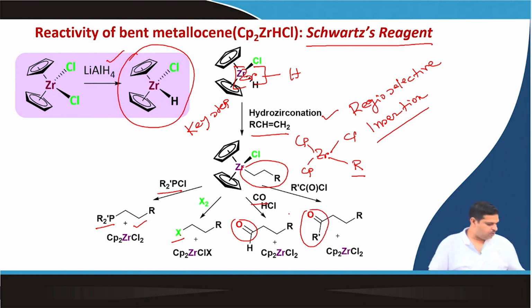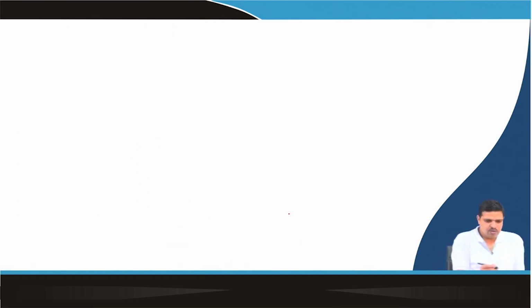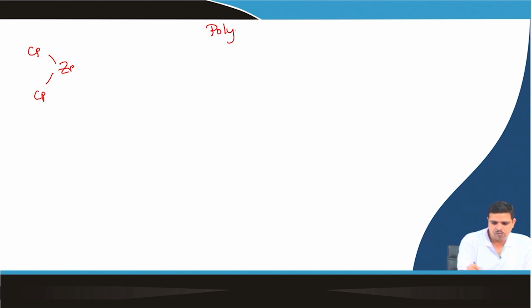So this is very popularly used in organic synthesis for functionalizing the alkene. And another one, as I told, is the zirconium complex which is used in polymerization, in polymer chemistry.